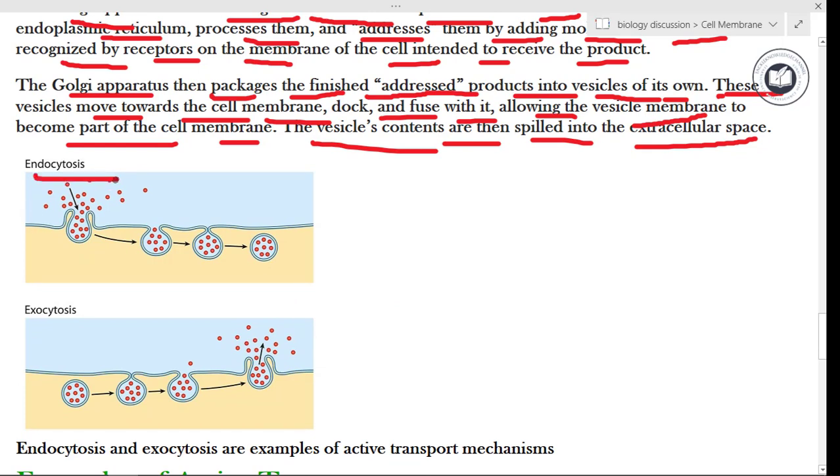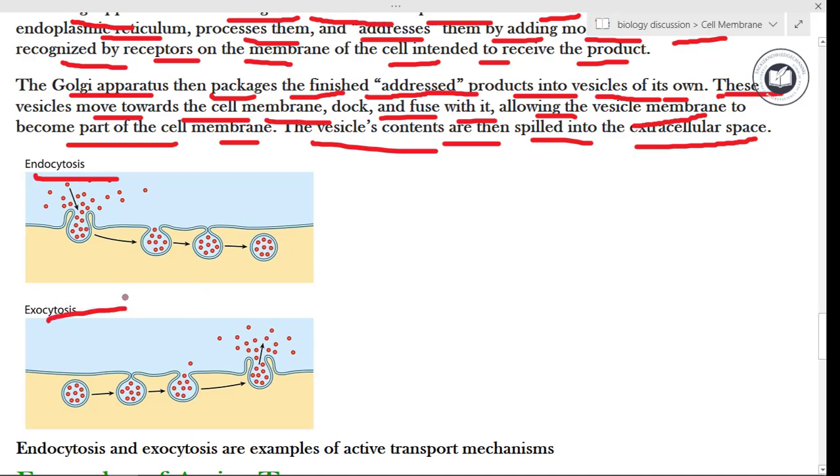In endocytosis, the molecules are enclosed in the membrane, packaged in the form of a vesicle, and finally the vesicle pinches off from the membrane.